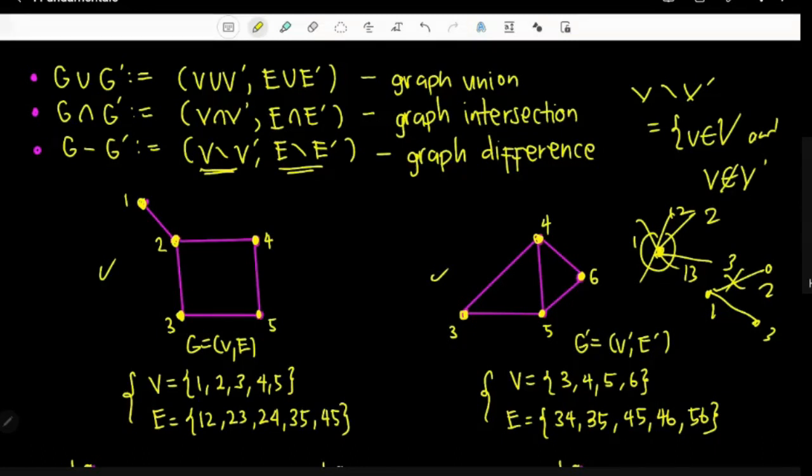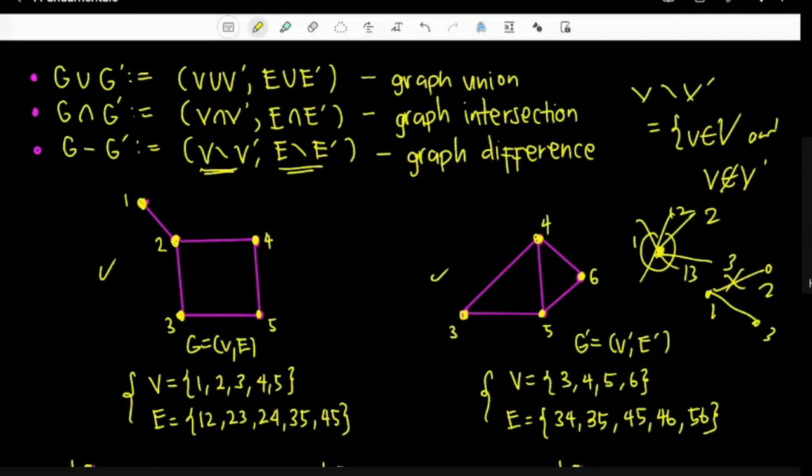Again, there could be any other representation of the same graph. Kasi nga, di ba, sabi natin, pwede mong iba-ibahin yung posisyon. So, do not limit your imagination on the physical restriction of how we draw the graph. So, physically boundless ang graph natin. Geometrically boundless. Kahit saan pwede mapunta ang point.